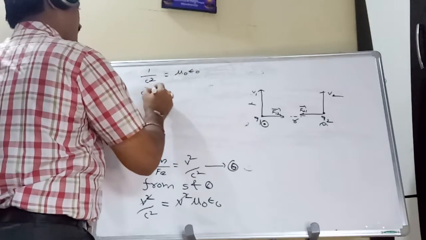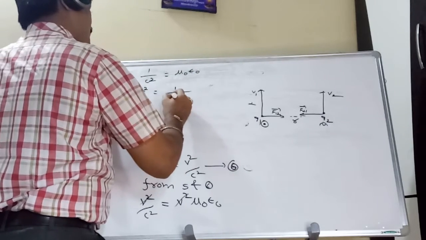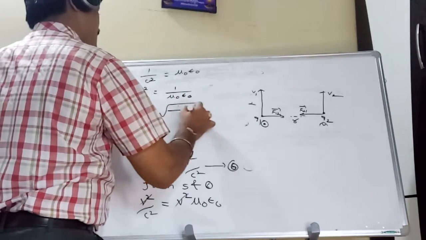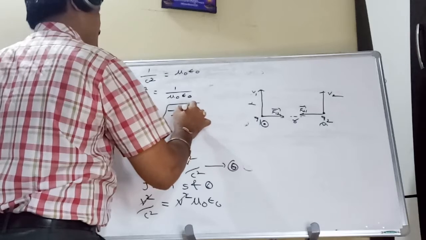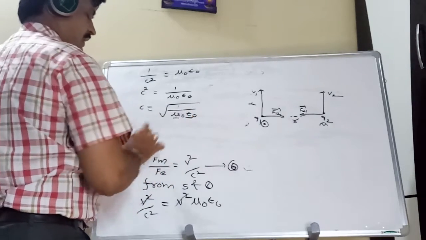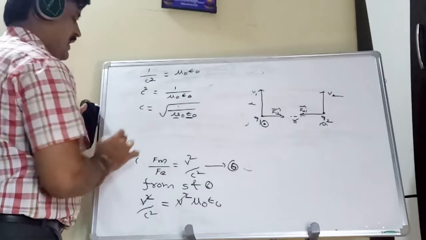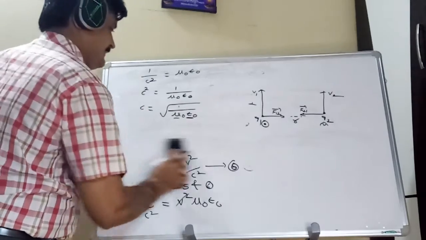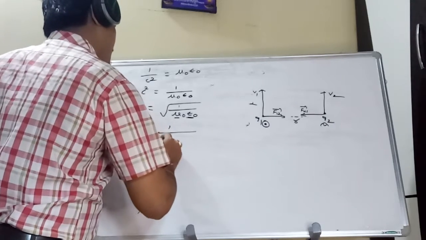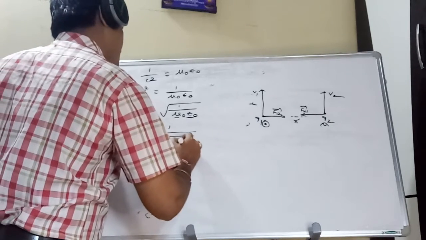So C square equal to 1 by mu naught epsilon naught, and C is equal to 1 by root over mu naught epsilon naught.